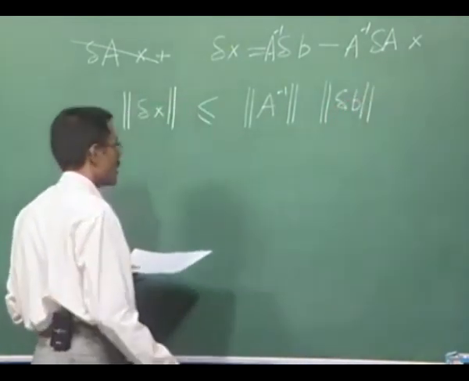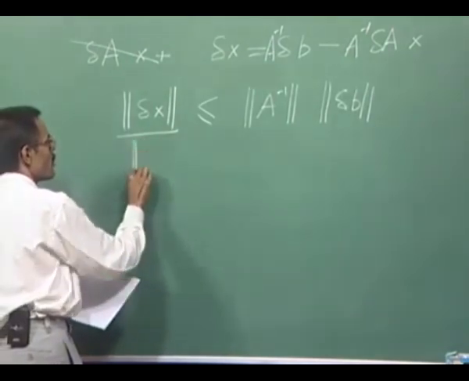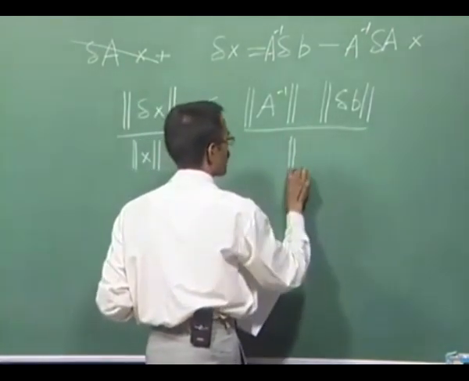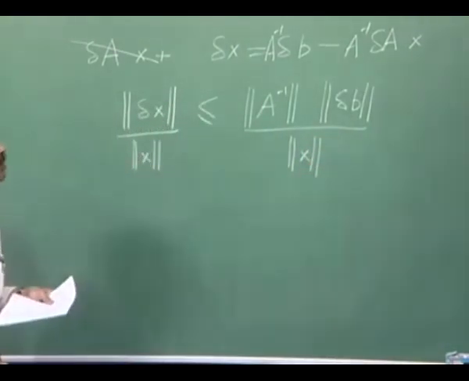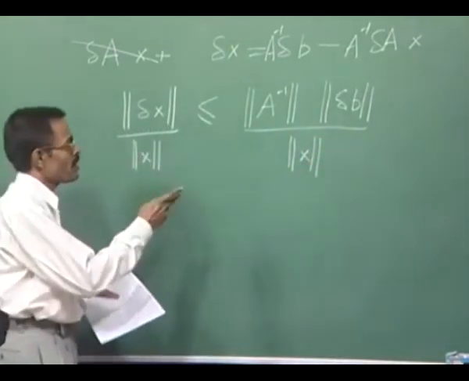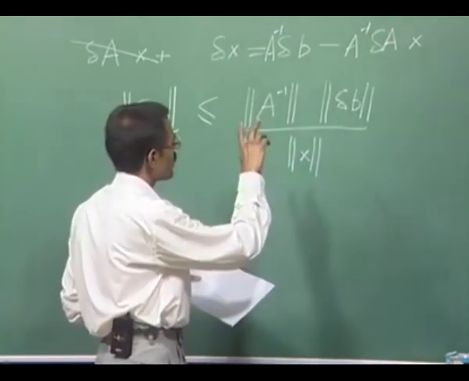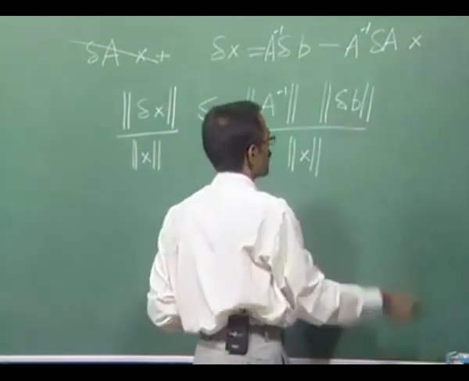Now, both sides we can divide by this. Then we consider the division and multiplication by the norm of delta b, sorry, norm of b.